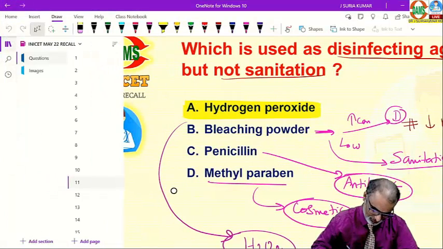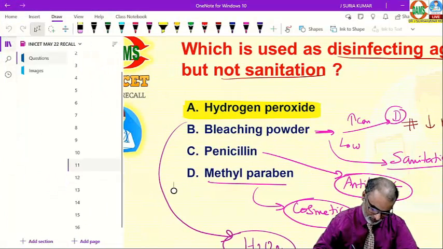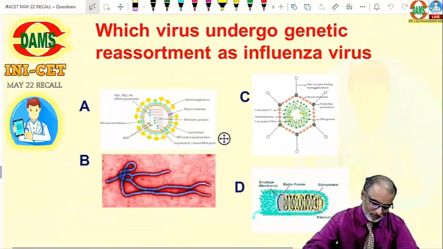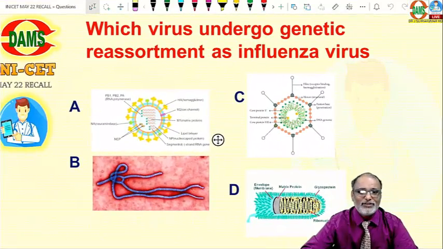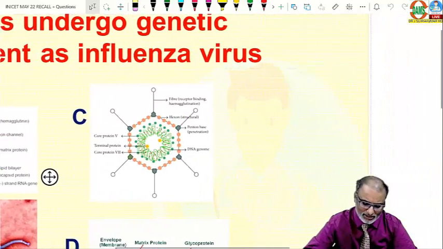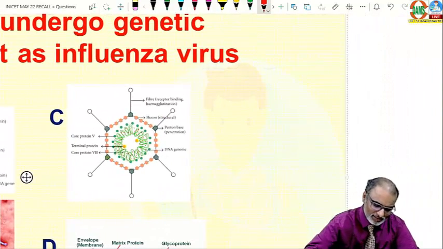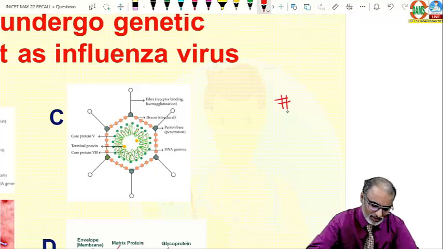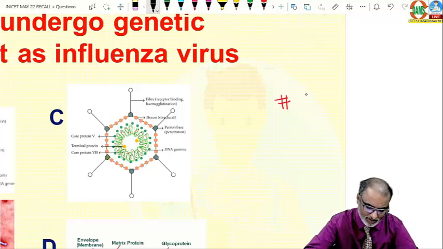Next is, which virus, this we have already discussed in the CBT. Which virus undergoes genetic reassortment like influenza virus? Genetic reassortment is usually seen in viruses with segmented RNA.